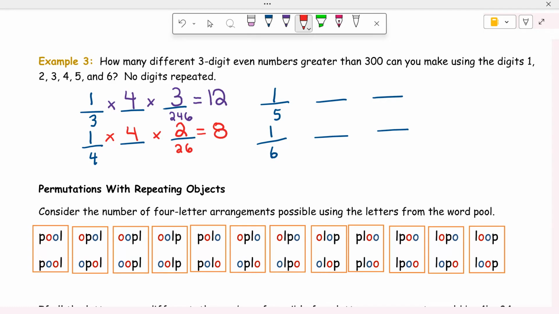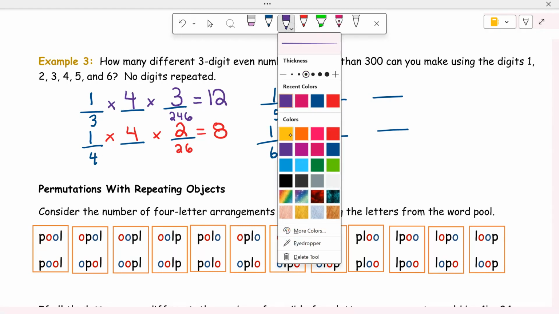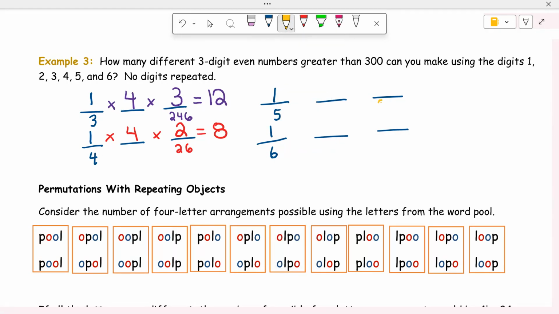And is the next one going to be the same as the first one I did? Right, because if it starts with a 5, the end can still be a, exactly, 2, 4, 6. So this can still be a 2, 4, 6.